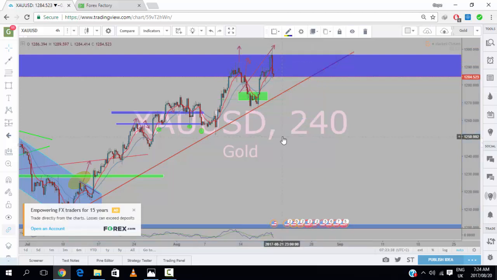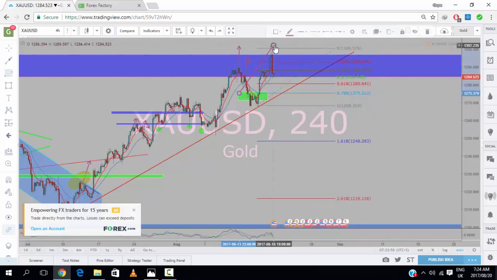Okay, targets have been reached. Let me get a new fib. Alright, there we go. Okay, let me remove these arrows because I think we're done with them. Okay. All right.